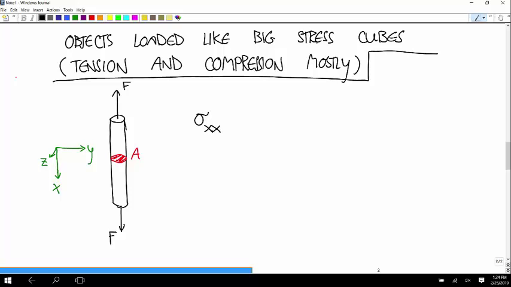Then the normal stress is equal to F over A.